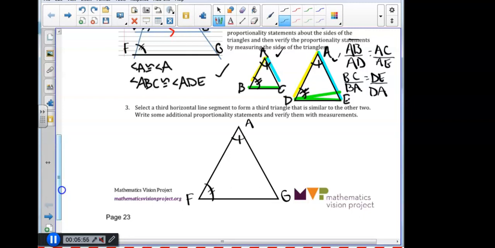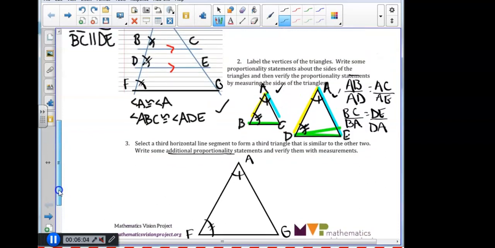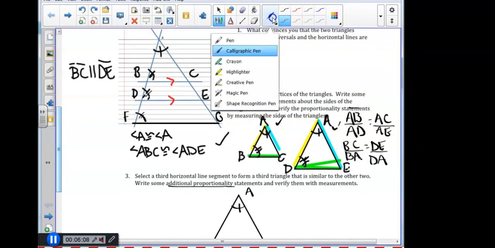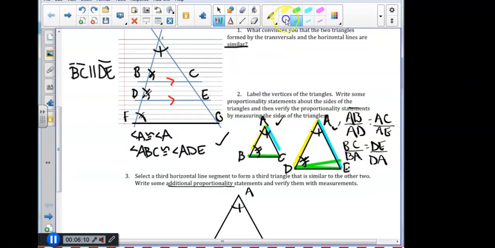Okay, so then we're asked to write some additional proportionality statements and verify them. So in class we did measure, but we are going to take a look at some additional proportionality statements. Okay, I'm going to highlight here as I go through. So AB is this side in yellow.